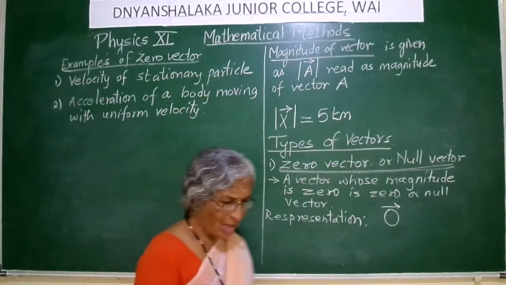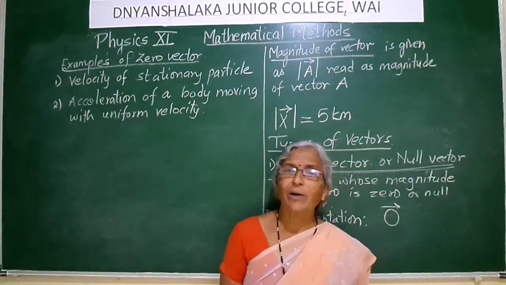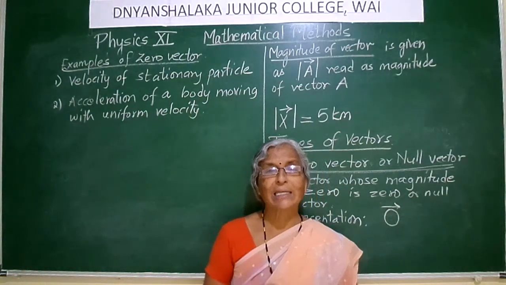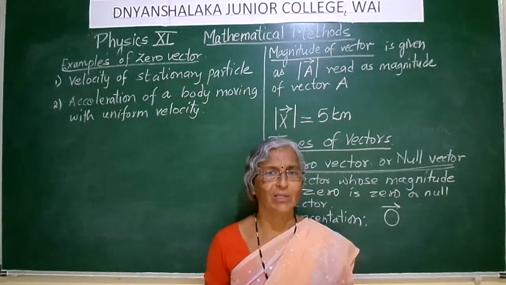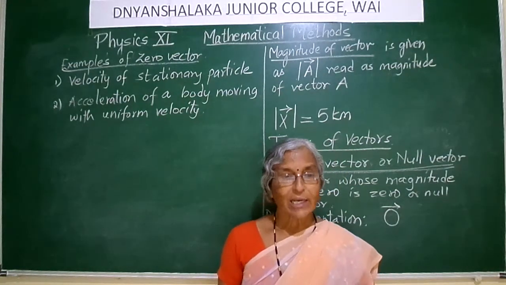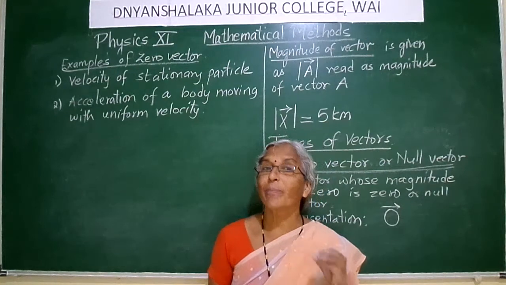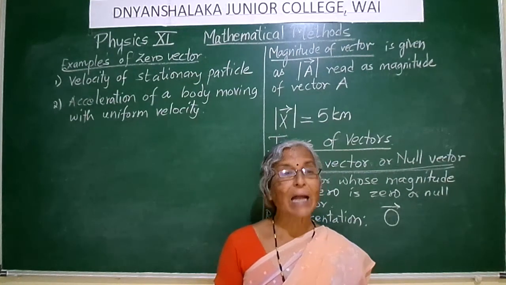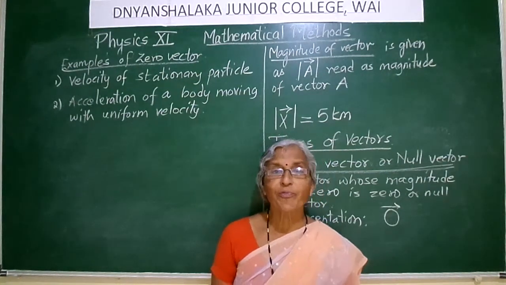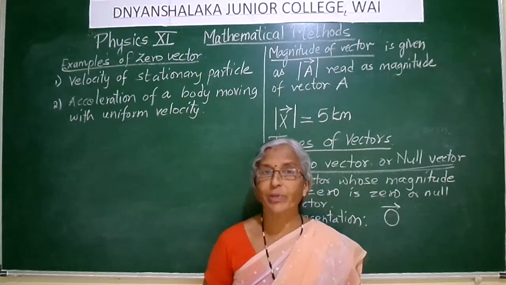Okay, अब acceleration क्या होता है? What is acceleration? Acceleration is the change in the velocity. Like, say for example, you are on your bike and you are moving at a speed of 50 kilometers per hour. This is your velocity.